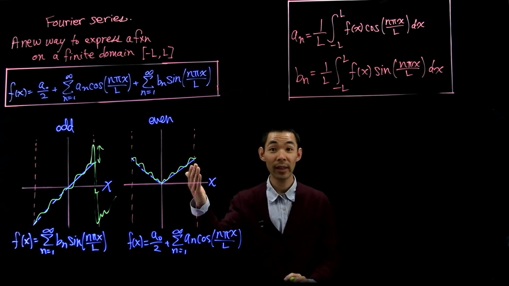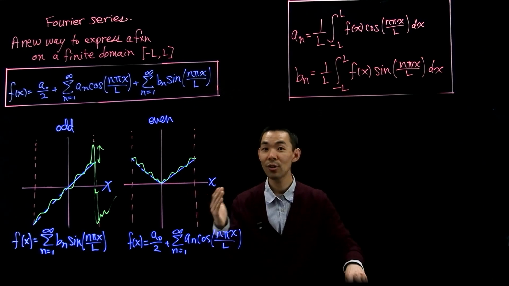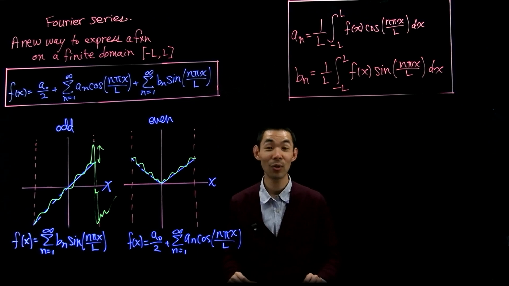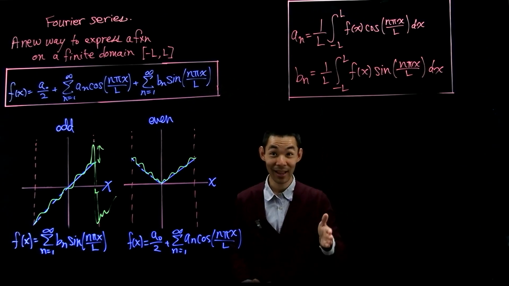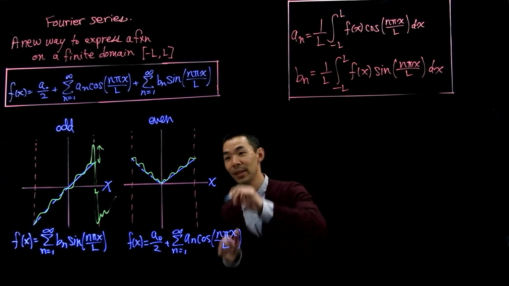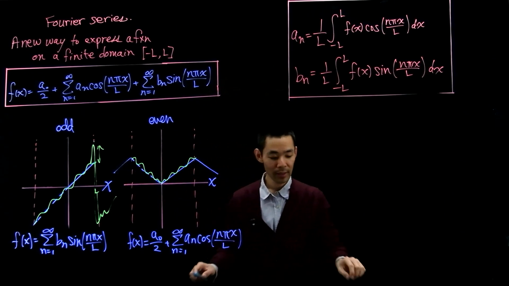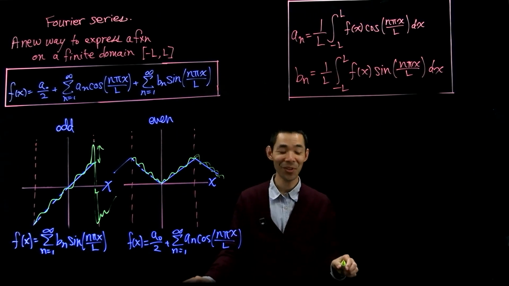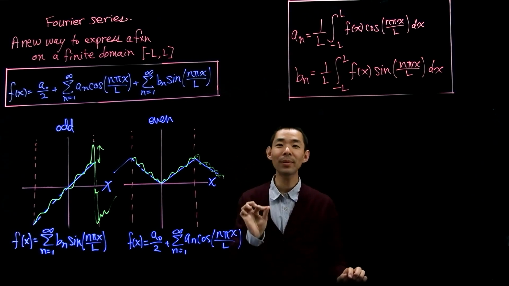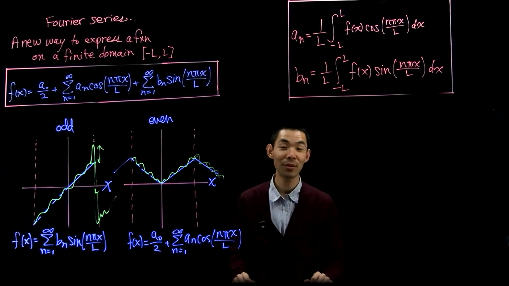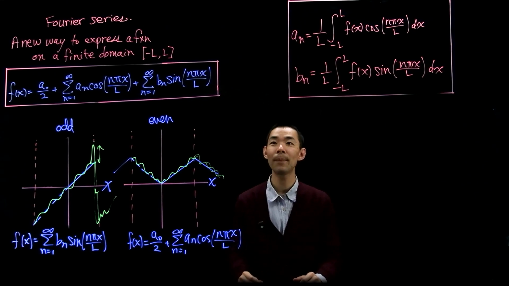But look, for the even extension, you're not going to get that significant jump discontinuity at L equal to 1. And because it's periodic, it's just going to look like this. So the jump discontinuity at the boundaries will be one consideration to think about if you have a decision to use an odd or an even extension.